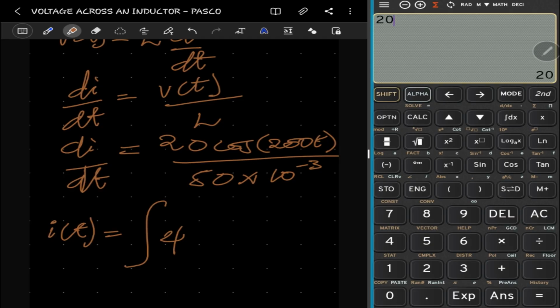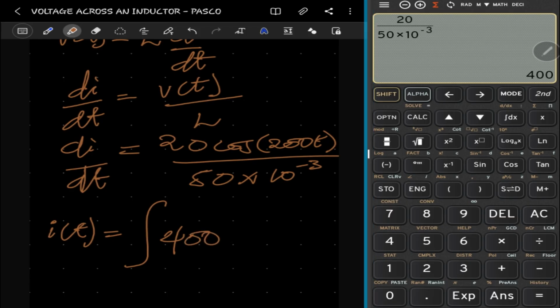That's 20 over 50 times 10 to the power minus 3, so we have 400 cos 200t, right?